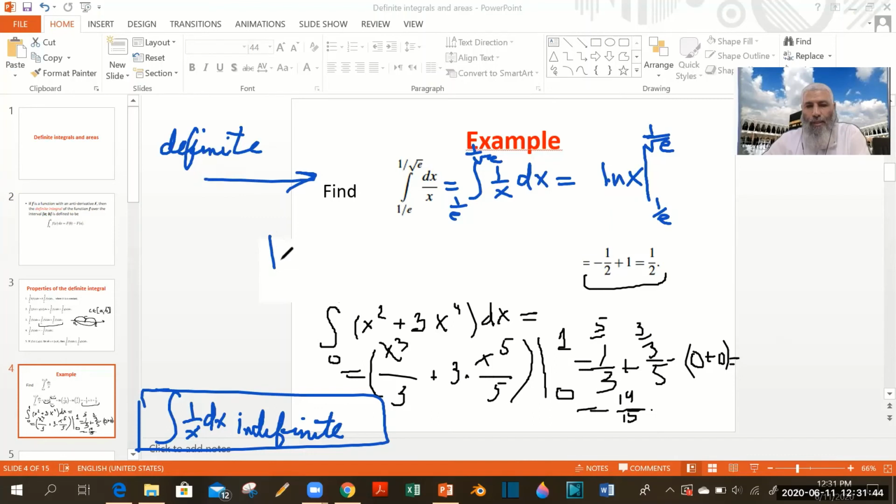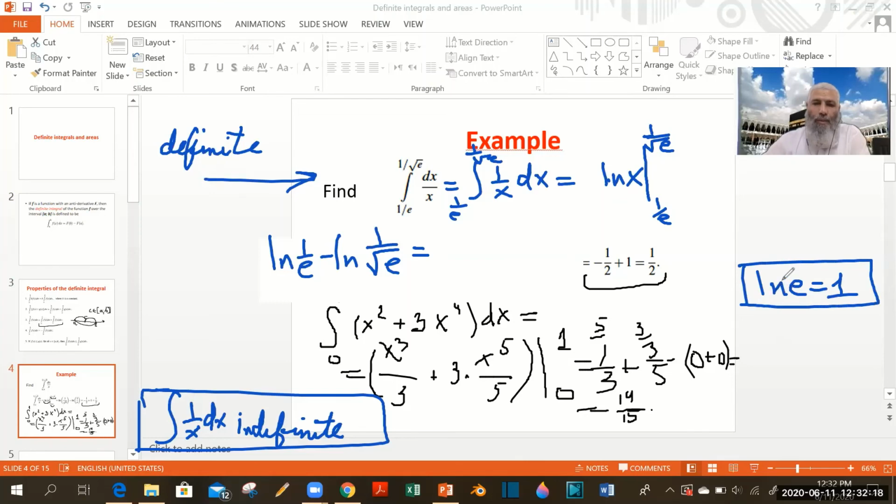So this is ln of 1 over e minus ln of 1 over root e, right? So what is ln 1 over e? We know that ln e is 1, right?